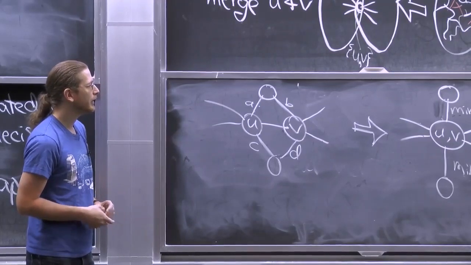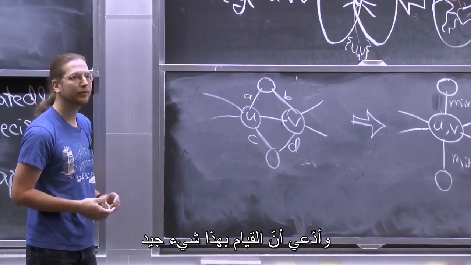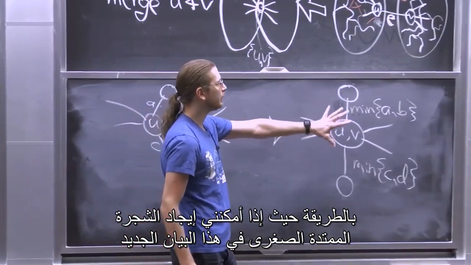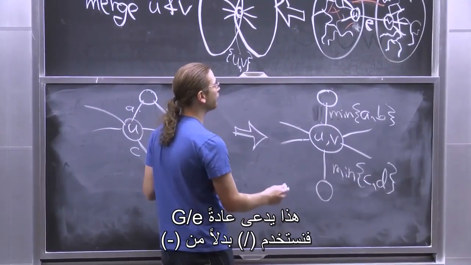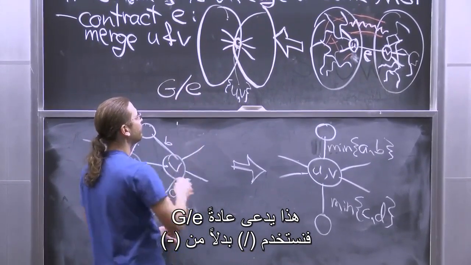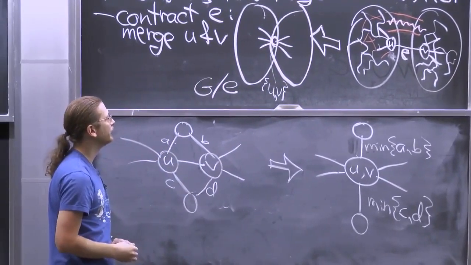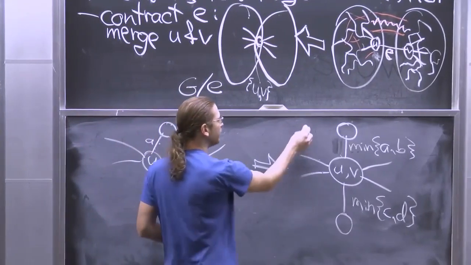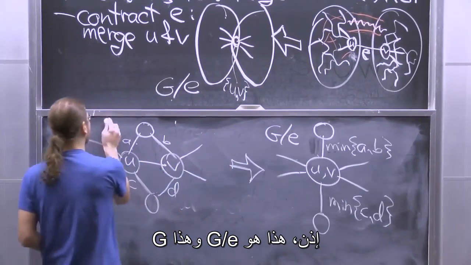And I claim it's a good thing to do in the sense that if I can find a minimum spanning tree in this new graph, this is usually called G/E, instead of negative to remove E, I'm contracting E. So this is G/E, this is G.